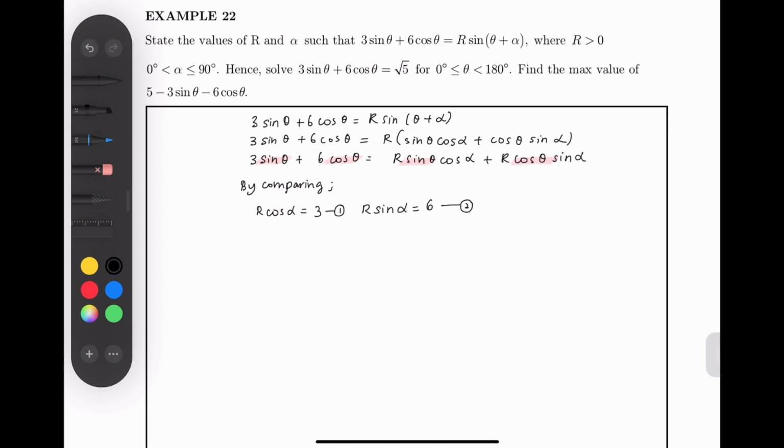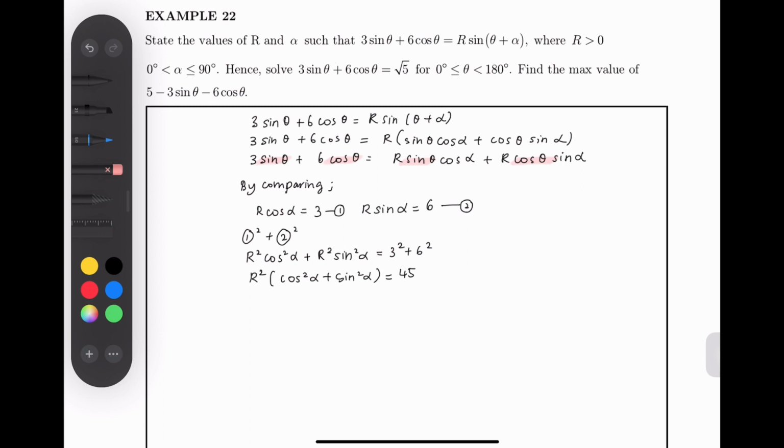To get the value of r, we're going to do equation 1 squared plus equation 2 squared. So it becomes r squared cos squared alpha plus r squared sin squared alpha equals 3 squared plus 6 squared. Factorize r squared. Right hand side, 9 plus 36 is 45.